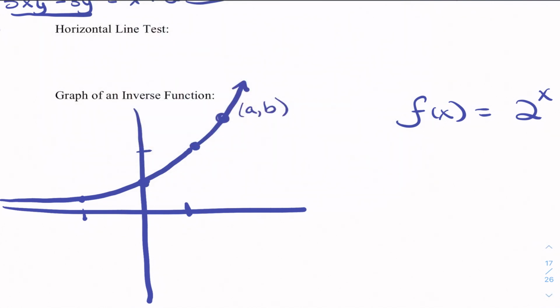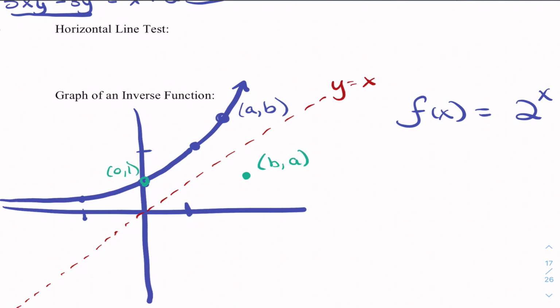What the inverse function is, graphically, is the reflection over the line y equals x. So when we are switching our x value with our y value, a comma b becomes b comma a. This value of 0, 1 becomes 1, 0. This value of -1, 1/2 becomes 1/2, -1.